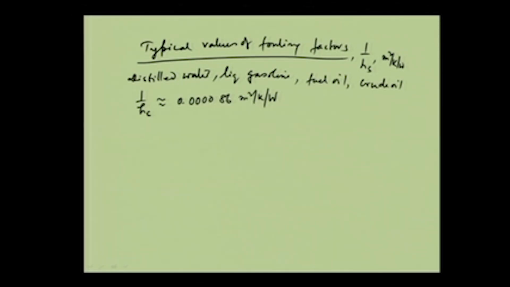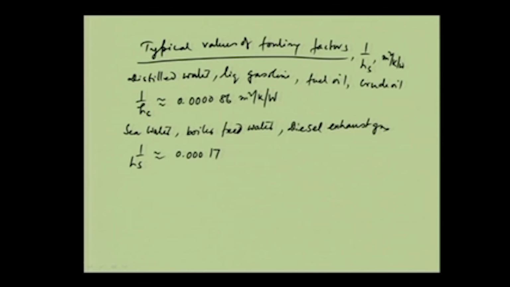And for cases like sea water, then boiler feed water, similarly say diesel exhaust gas, etc., they have 1 by Hs nearly equal to 0.000172 meter square Kelvin per watt.